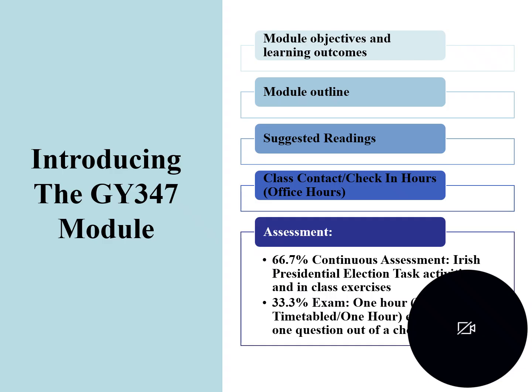Some parts might get into statistical work, but ultimately you should be able to read an article. Maybe you might struggle with the statistics, but you should be able to get the main points from that article. So I'll generally try to recommend more journal articles for this module.